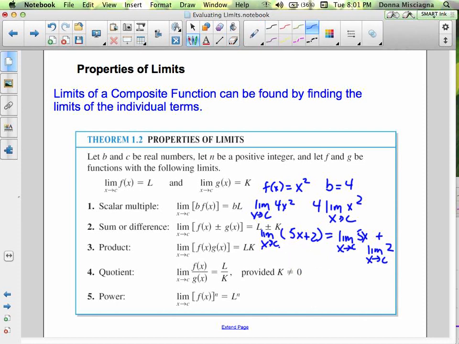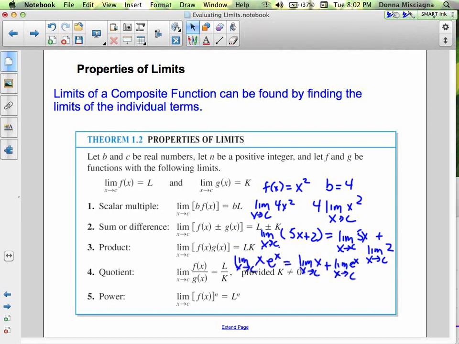All right, so the limit as x approaches c of x times e to the x. That would be equal to the limit of x as x approaches c, oops, not plus.